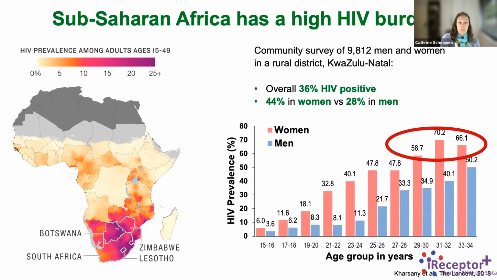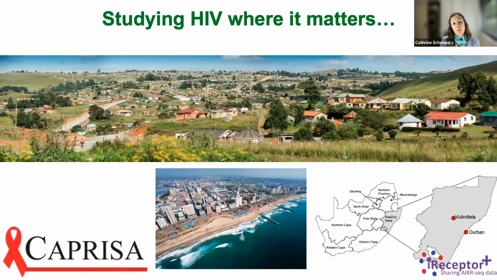We have partnered with CAPRISA for many years now, and they established clinical sites in parts of South Africa, in KwaZulu-Natal, specifically to address the issue of high prevalence of HIV in young women. The 2 sites that we mostly study are in Durban along the coastline, shown at the bottom here, and Vulindlela, which is a rural area further inland within KwaZulu-Natal.